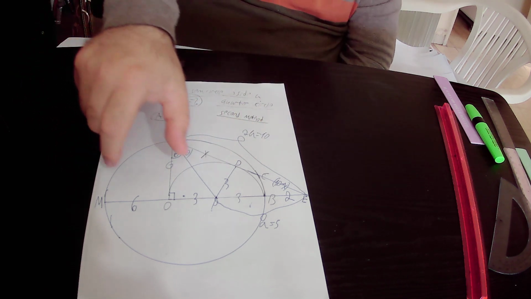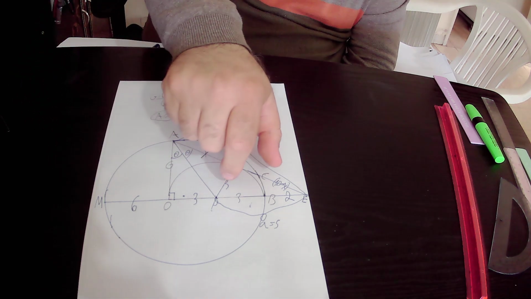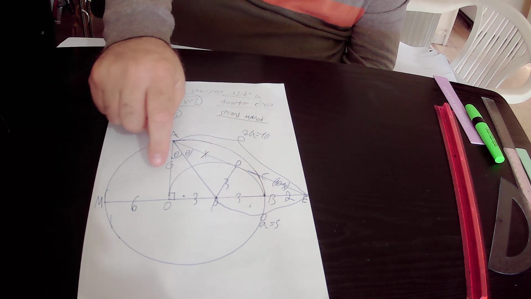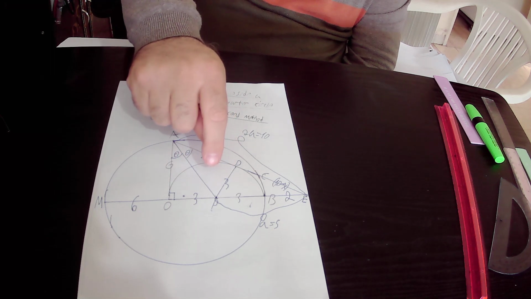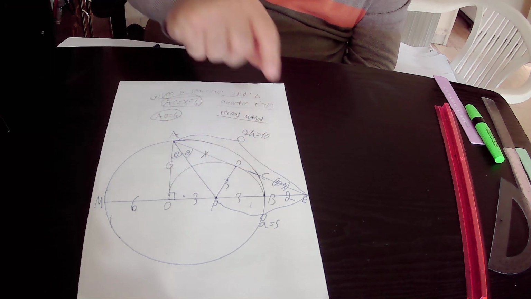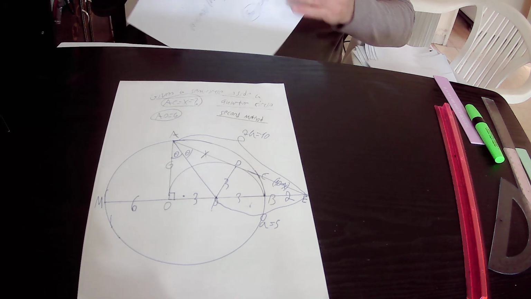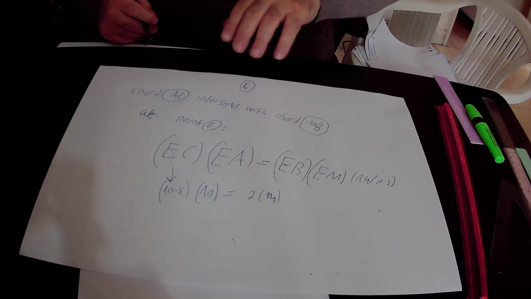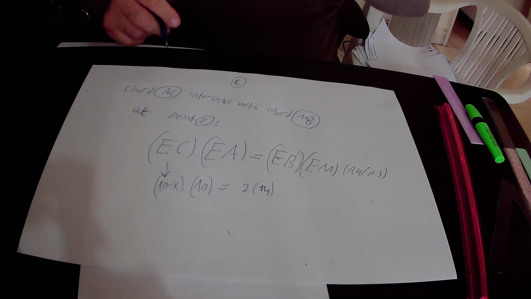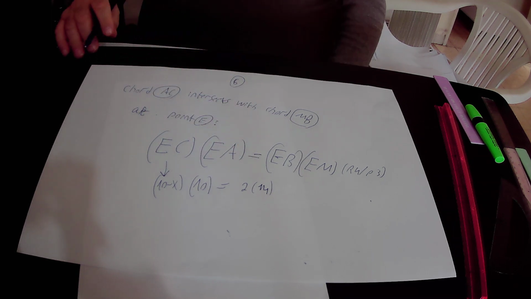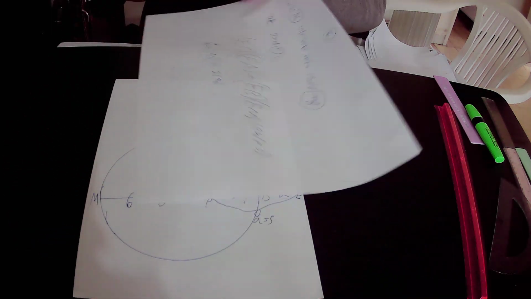ME equals 6 plus 3 plus 3 plus 2. 6 plus 3 plus 3 is 12, and 12 plus 2 is 14. So in conclusion, EM equals 14 units. According to rule number 3, (10 minus X) times 10 equals 2 times 14. 2 times 14 is 28.